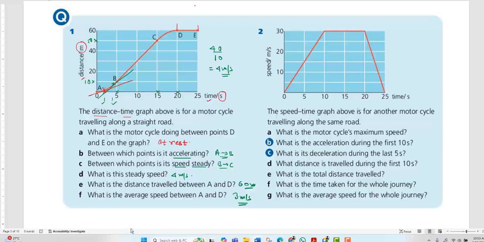This is a very interesting question, and hopefully such questions will be asked in your exam. From the motion point of view, such questions are really important. So interpretation of the graph: how to write it, how to understand it, how to read the values. That's why I said you must read the units properly, and you must read the intersections also.